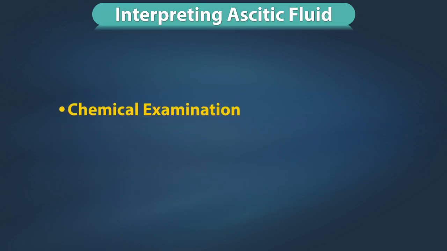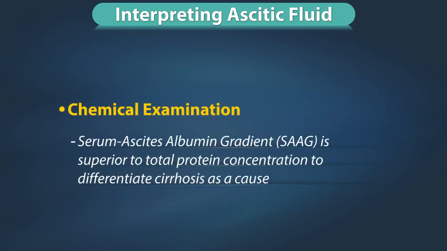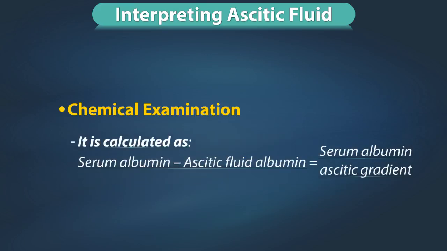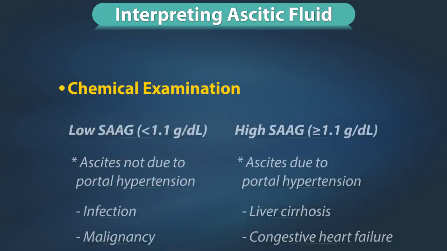Chemical examination. The serum ascites albumin gradient, or the SAAG, is superior to total protein concentration to differentiate cirrhosis as a cause. It is calculated as serum albumin minus ascitic albumin equals serum ascites albumin gradient.